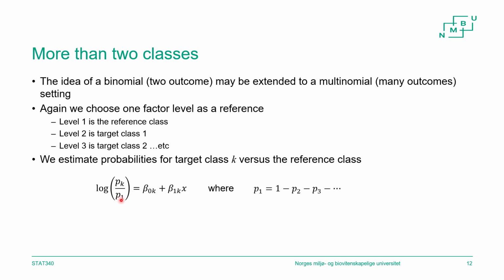So you estimate new beta 0 and beta 1 for each target class. And P1 is simply 1 minus all the other target probabilities, so it's the same denominator here. But it's the same logit function, only one for each target class.